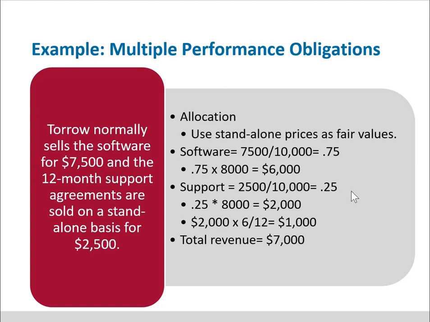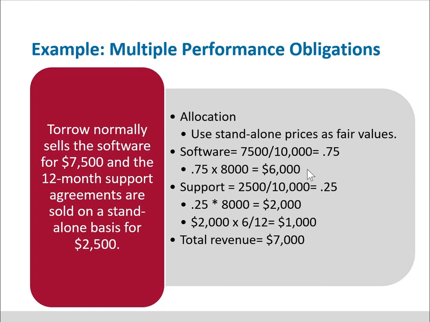We do the same thing, of course, for the technical support agreement. The technical support agreement is 25% of the total value of the contract, so $2,000 of the sales revenue gets allocated to the support agreement performance obligation.